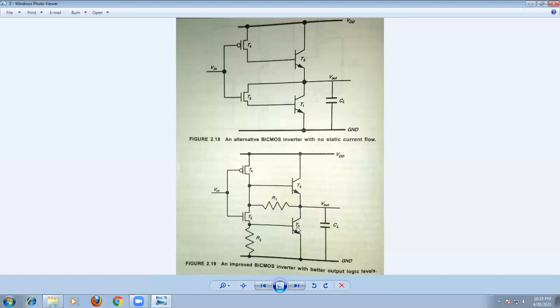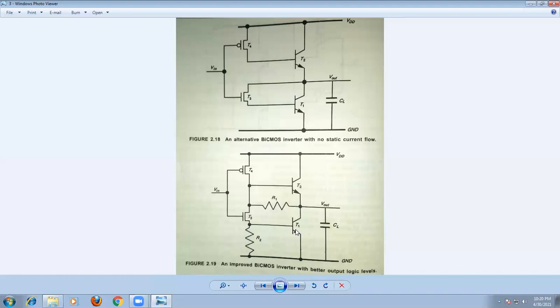When this transistor turns off, whatever charges are present in the base of the transistor will be discharged through this resistor R to the ground. So we have the path to discharge the base point when this transistor is off. It discharges through resistor R2, so whatever charges are present in the base region will be completely removed, and it is ready for the next on condition.